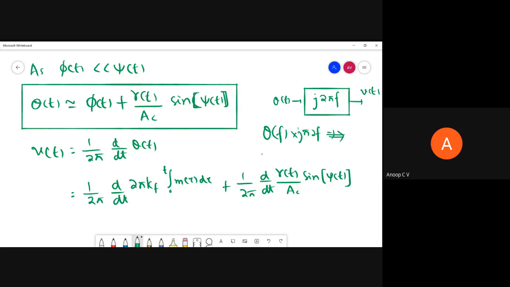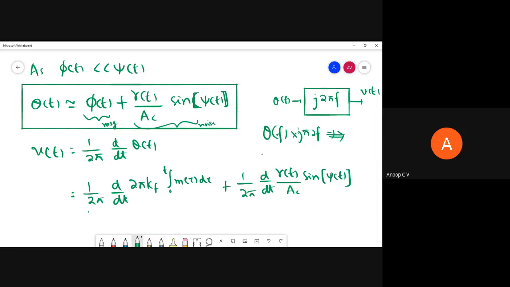So if you see, this theta of t has two parts. One has the message, so you can call it the message part, and this is the noise part. You can see the carrier amplitude Ac is present in the denominator of the noise part, which means if you increase the carrier amplitude, the noise term will be further smaller.